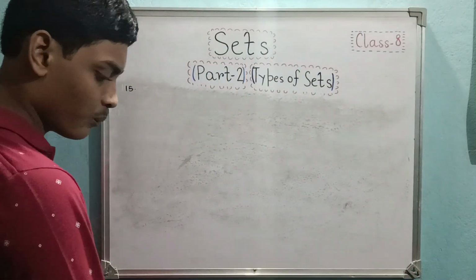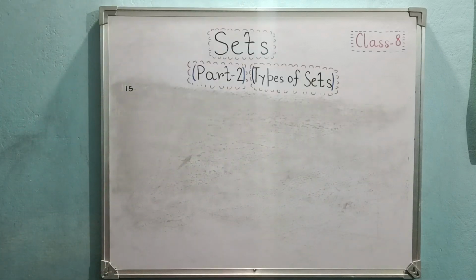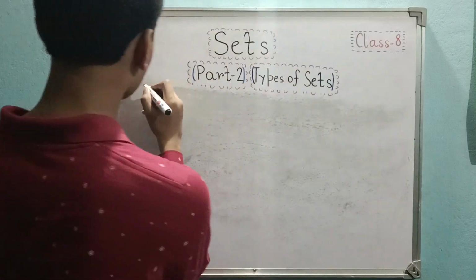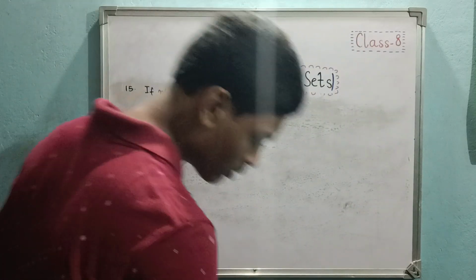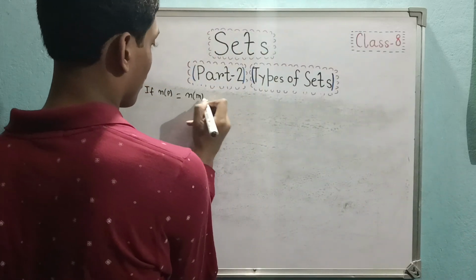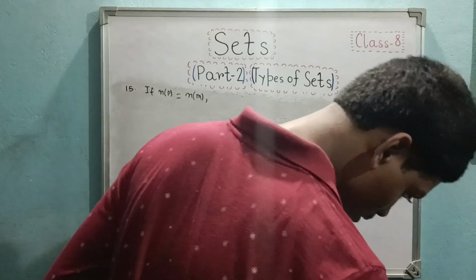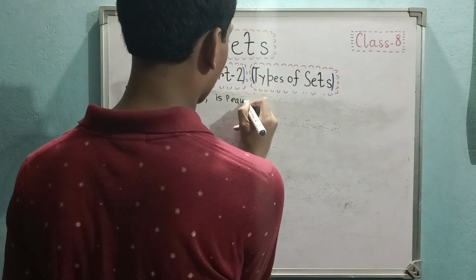We already have learned this principle before. If n(P) equal to n(M), is P equivalent to M?